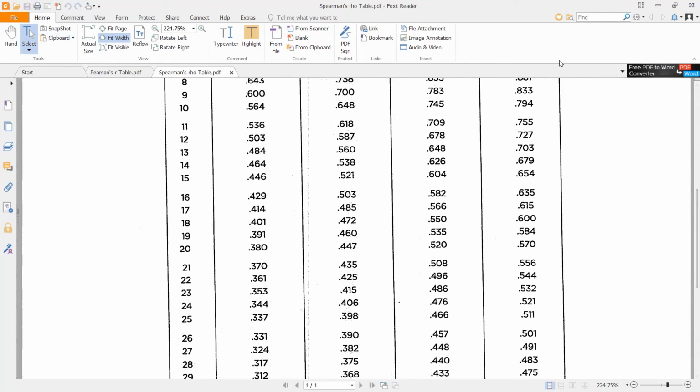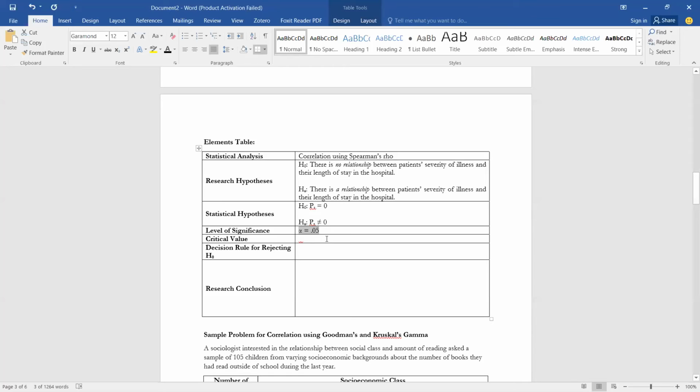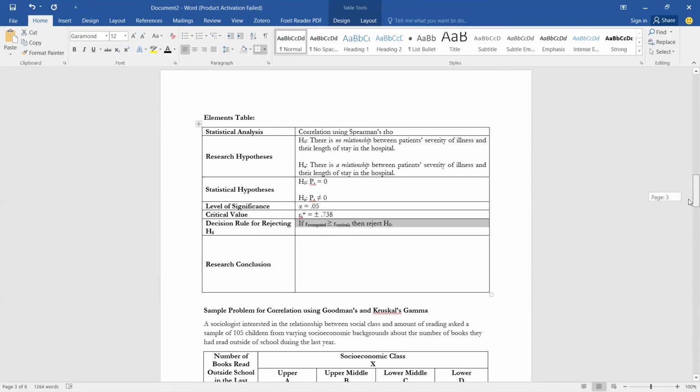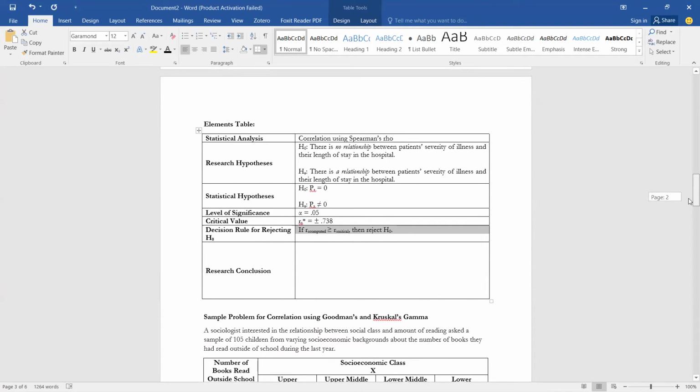So let's go back to our example problem. So this should indicate 0.708. 0.738, sorry. So yeah, two-tailed ulit tayo. All right. The decision rule is similar to Pearson's R, that if the coefficient we computed is higher than the critical Spearman's rho value we found from the table, we reject H0.